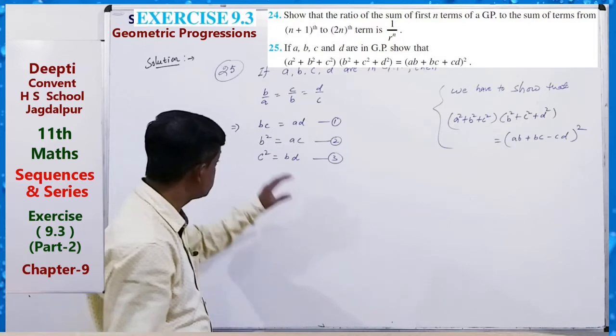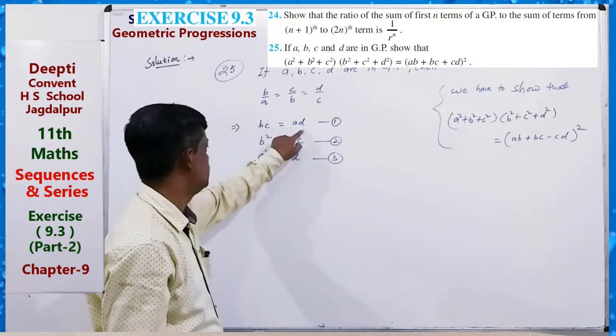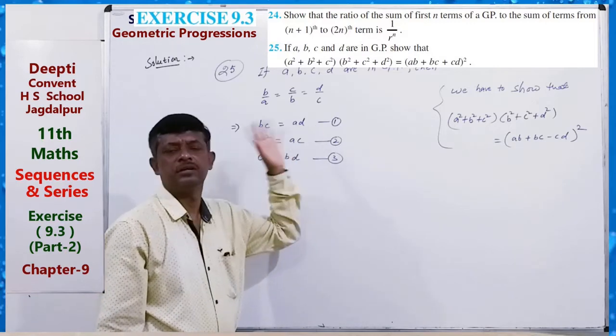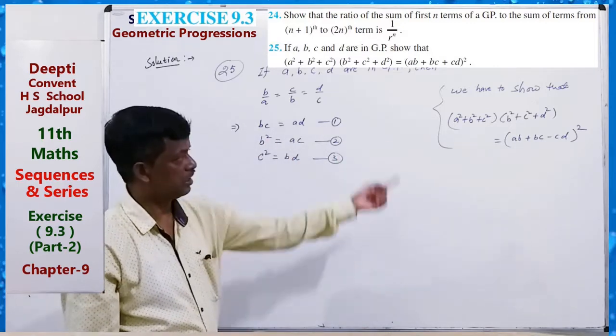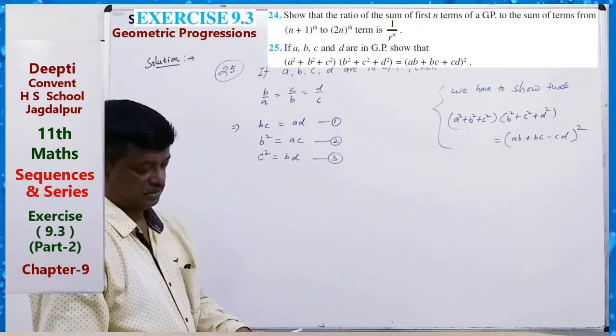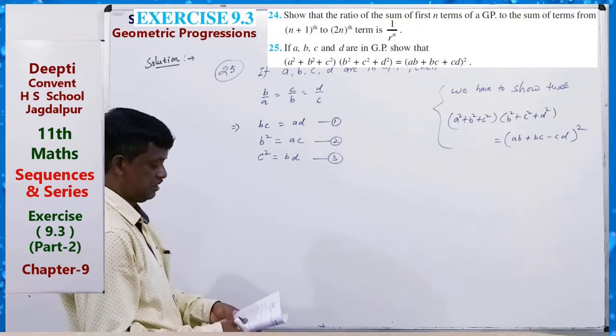Now using these three conditions, this is equal to this, and this is equal to this, as we require for getting this, we can use it. Okay, just take the right hand side.